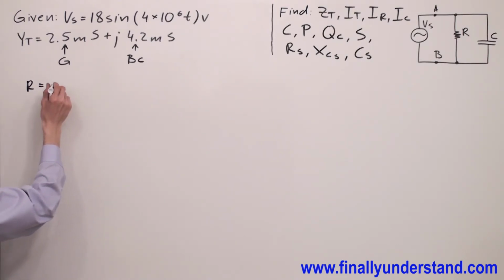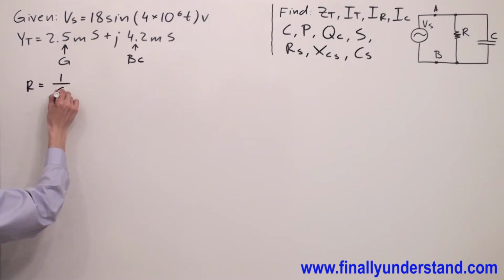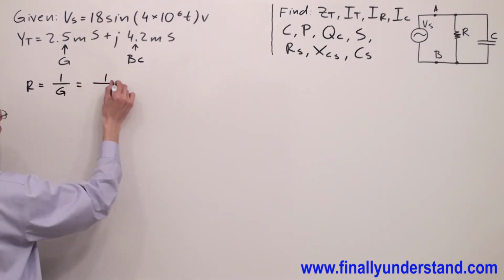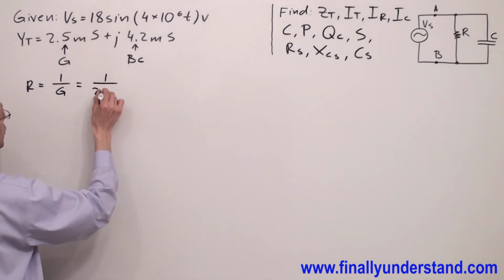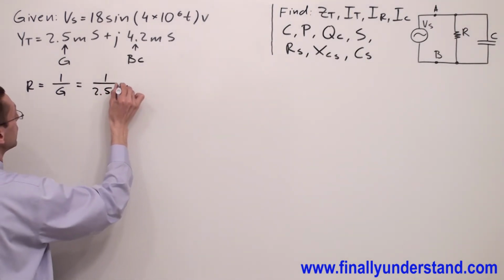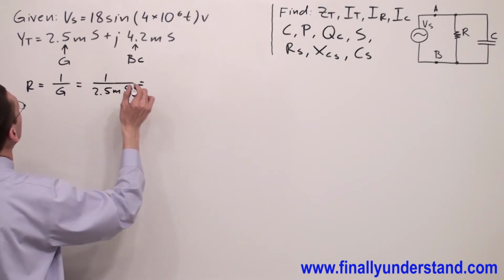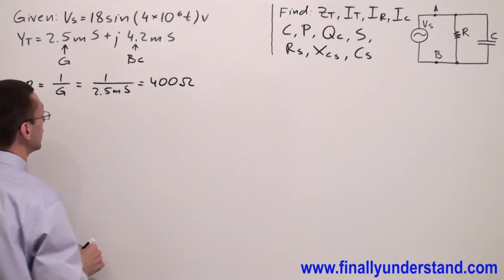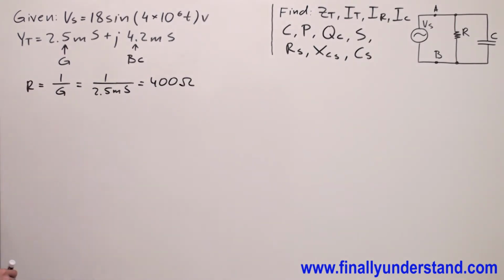So I have resistance is equal to 1 over conductance, where I have 1 over 2.5 millisiemens, which is equal to 400 ohms. This is the value of my resistance.